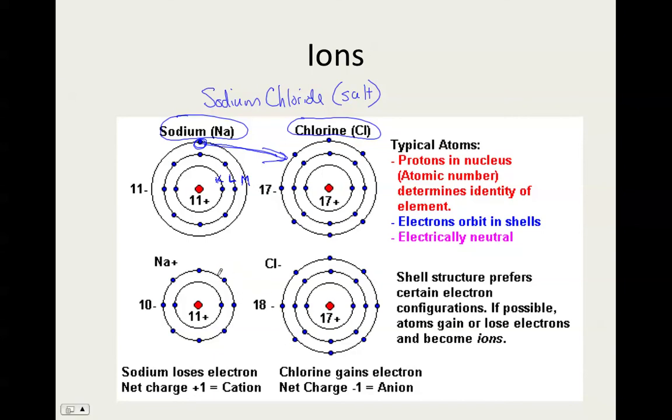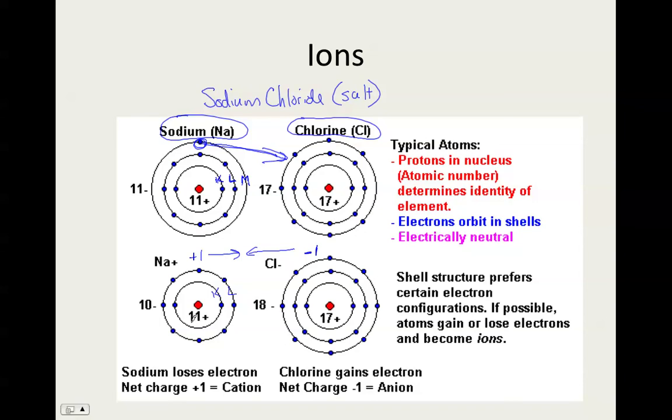So what you end up with is a sodium ion, which has a +1 net charge, and a chlorine ion, which has a -1 charge, and those opposite charges cause these two atoms to be attracted to one another, so they form a compound called sodium chloride.